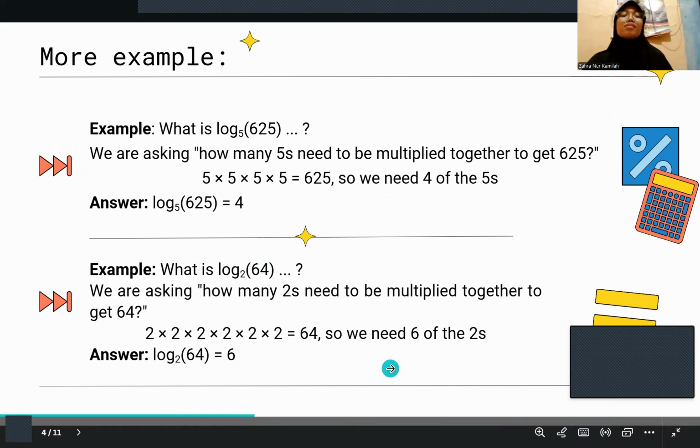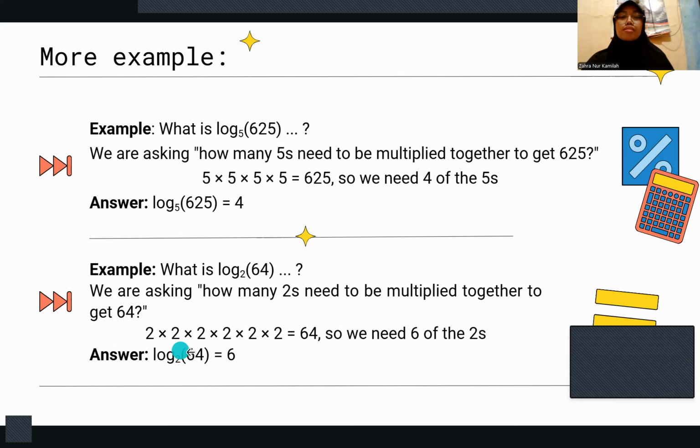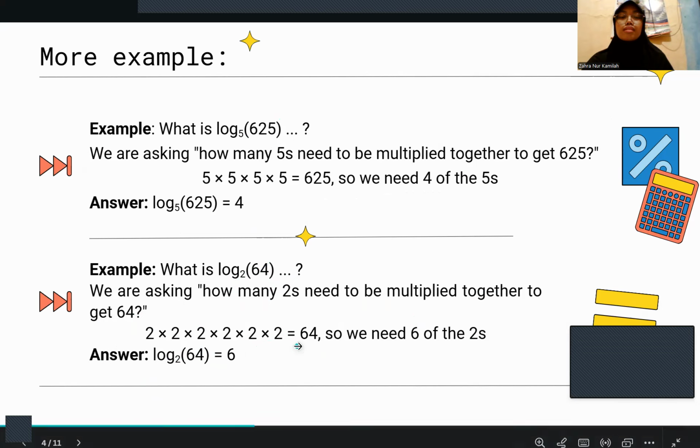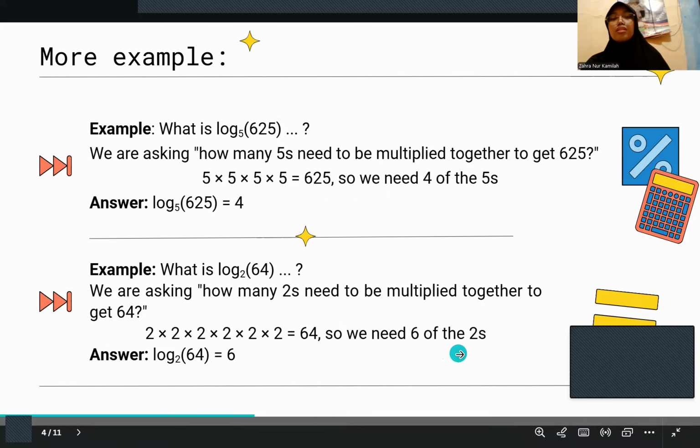We need 6, because 2 times 2 times 2 times 2 times 2 times 2 is 6 twos, and we get 64. The answer is log base 2 of 64 equals 6.